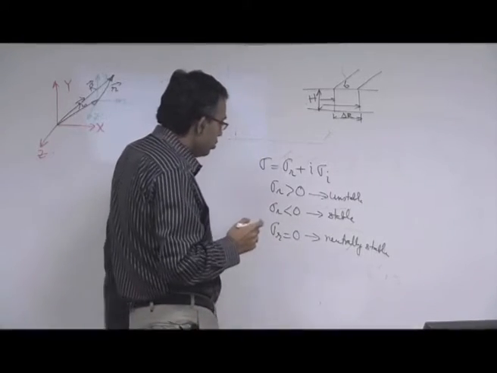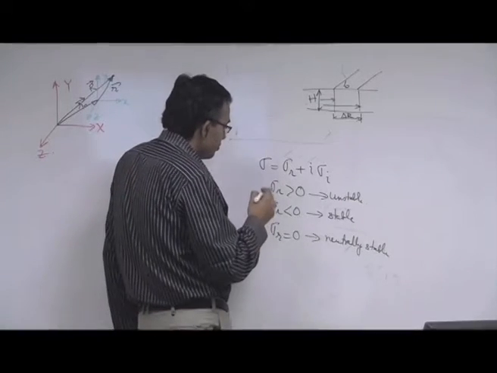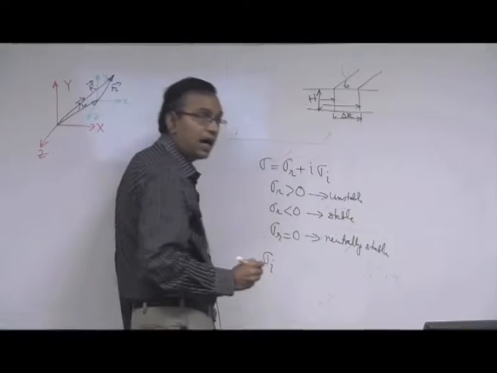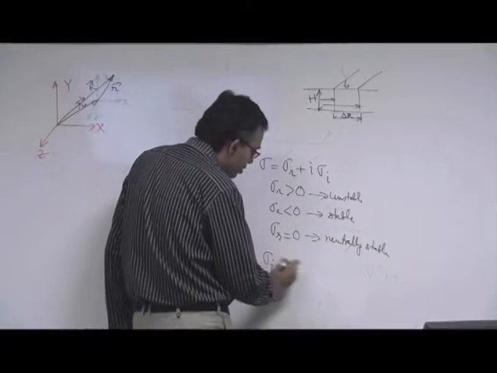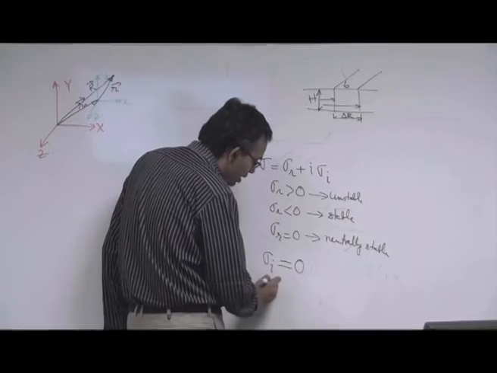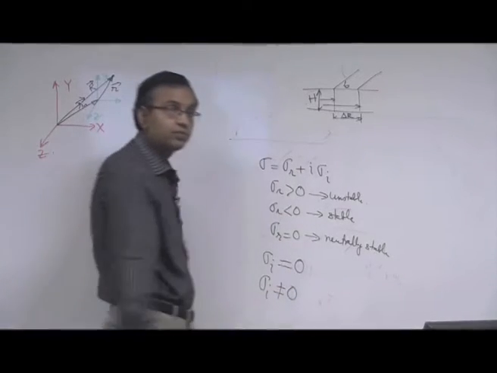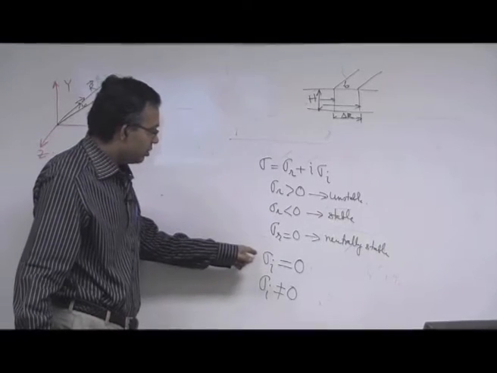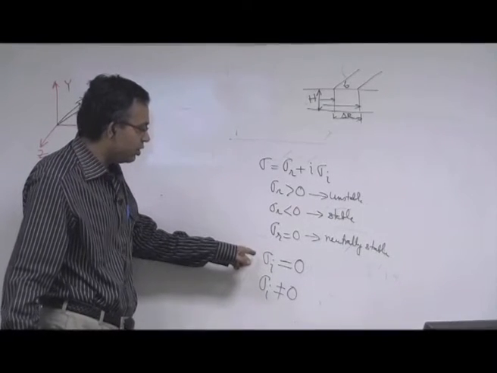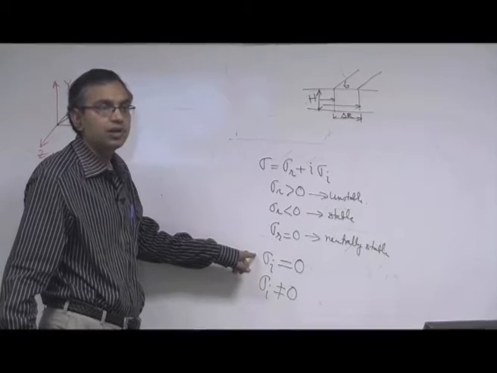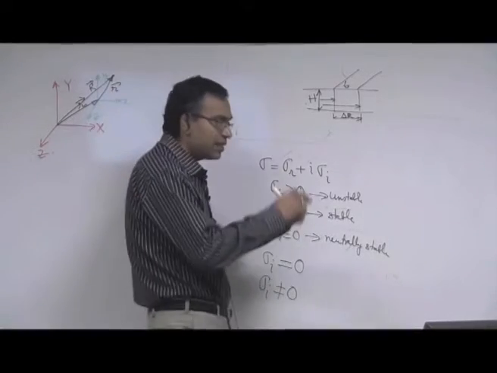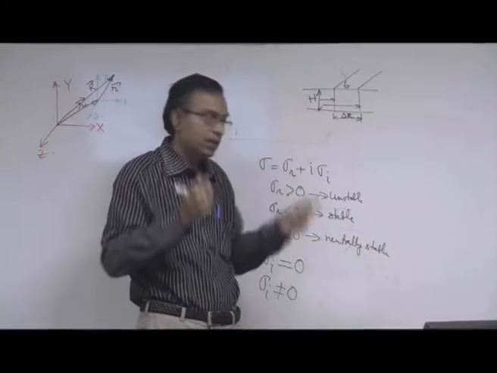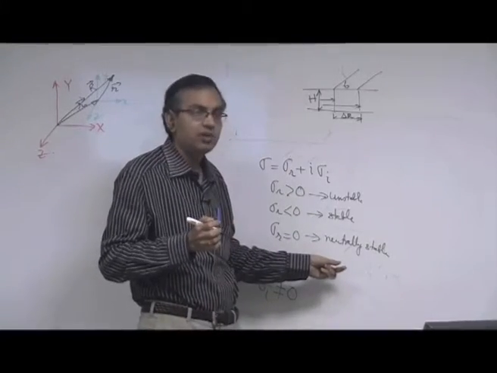For that case you can have sigma i equal to 0, and you can have sigma i not equal to 0, both are possible. When sigma r is equal to 0, if sigma i is also equal to 0 then you will basically get patterns in the flow, a pattern flow structure.